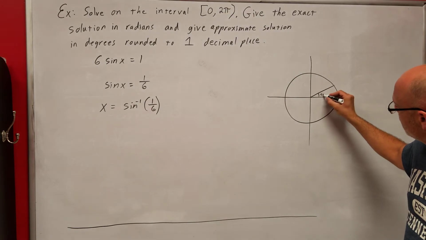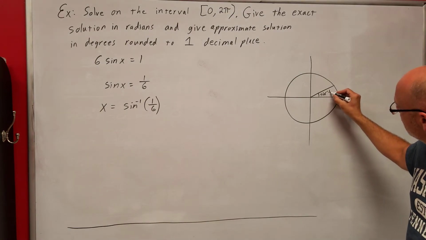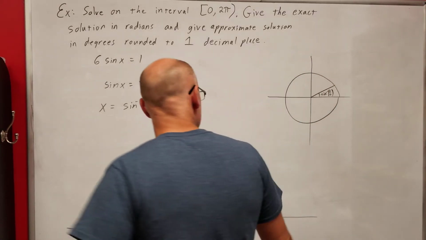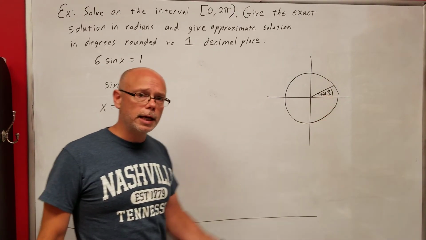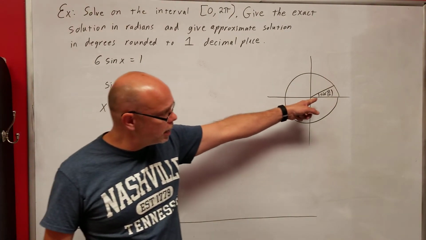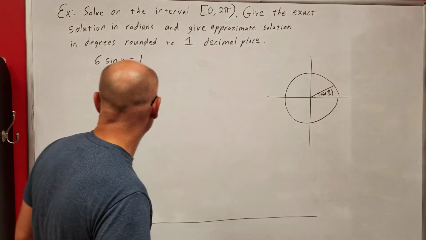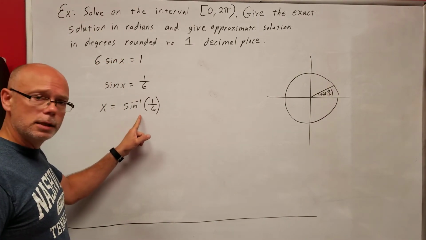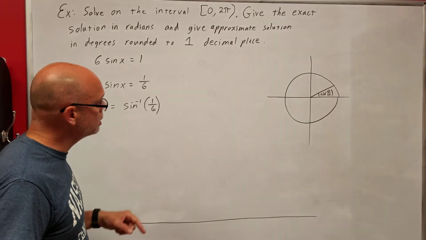Or I could say this angle is the inverse sine of 1/6. And the reason why I write it that way is because I don't have a pretty value that calculates out of this, okay? So I write it that ugly way, inverse sine of 1/6. So that's one of my answers. X is equal to the inverse sine of 1/6.